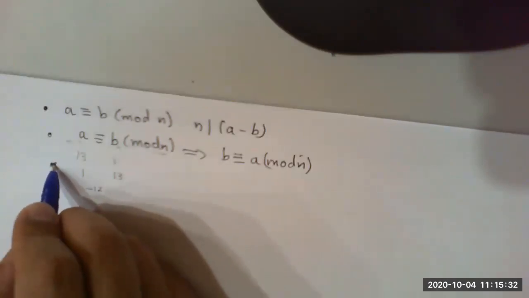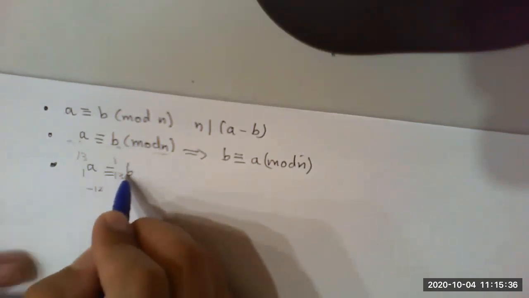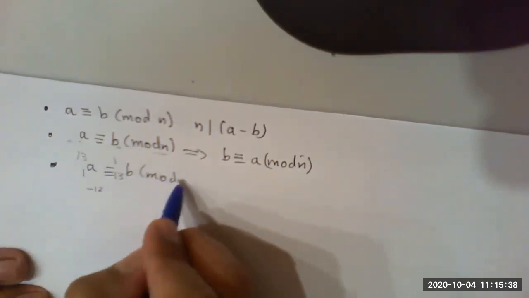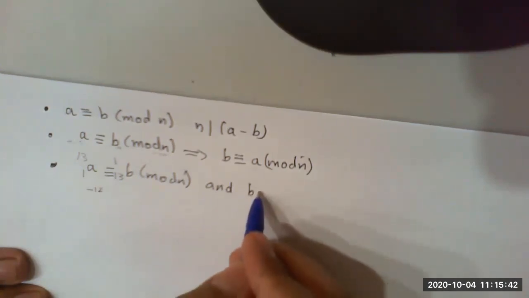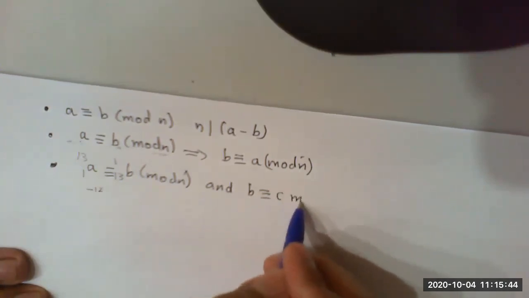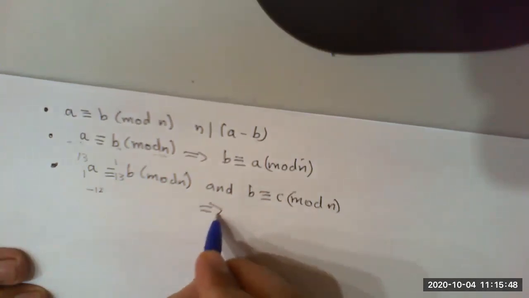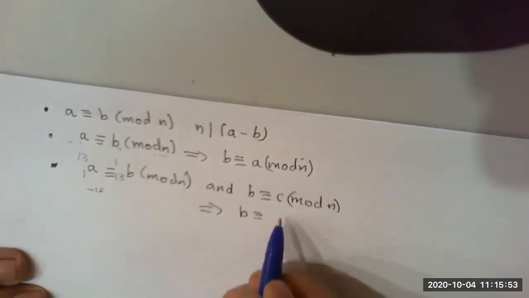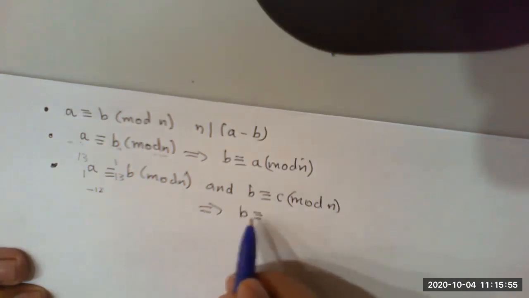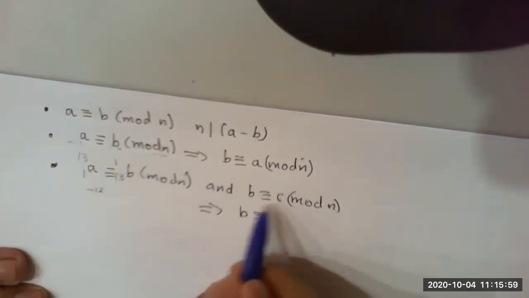Another property is if A is congruent with B mod N and B is congruent with C mod N, this means A is congruent with C because it's transitive.